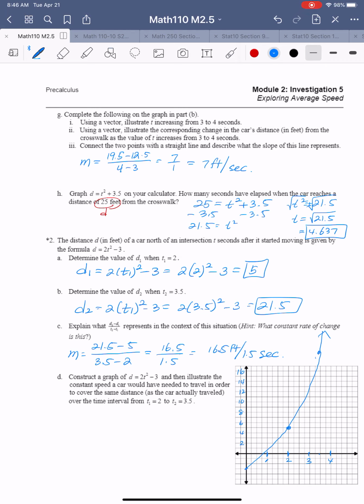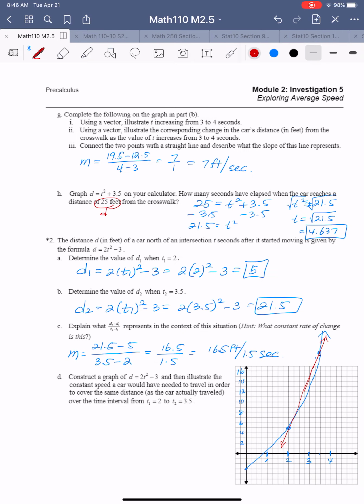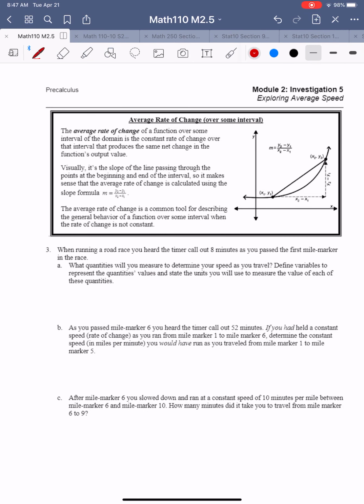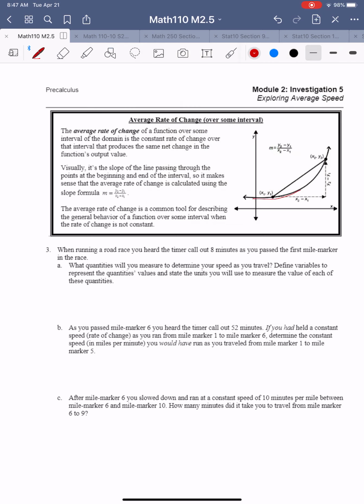Okay, and then looking at the constant rate of change, we just need to put a straight line going through these two points. And then you can see the constant rate of change between these two. But now in this section we need to talk about the average rate of change, because the function is a curve.